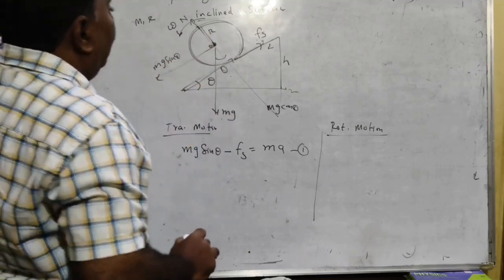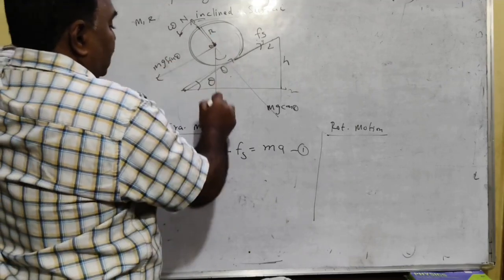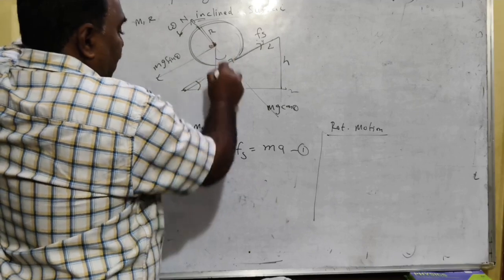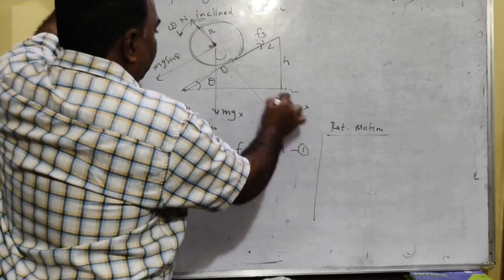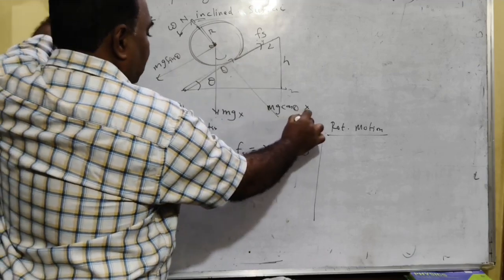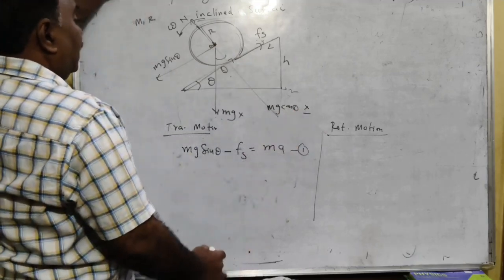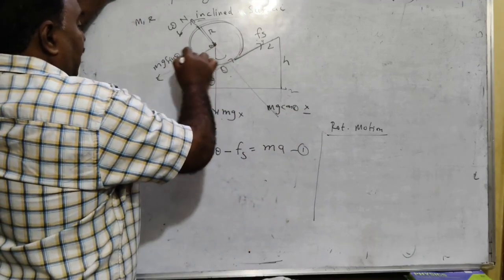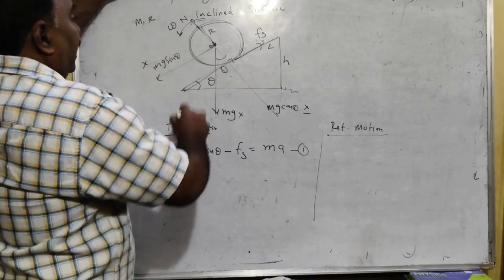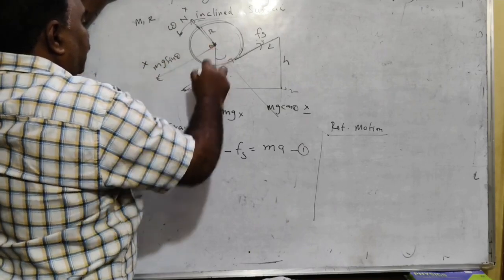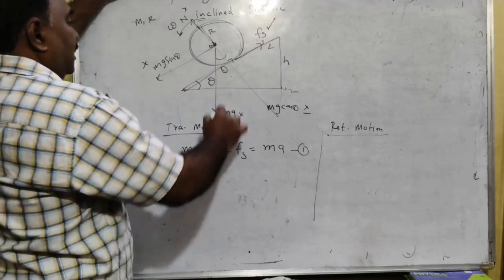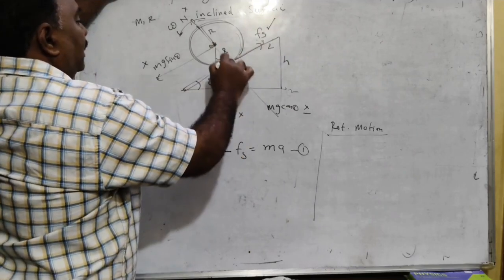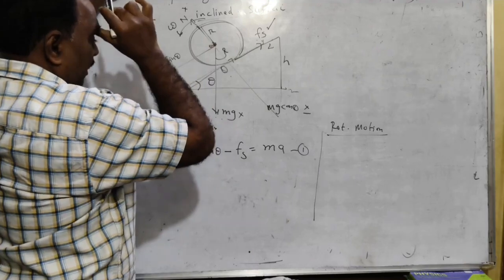When taking this axis of rotation, mg passes through the axis of rotation, so no torque by this force. This component of the force also passes through the axis of rotation, so it cannot contribute any torque. This mg sin theta also cannot contribute any torque. The normal force also cannot contribute any torque. One and only the frictional force will provide the torque. This is the axis of rotation.